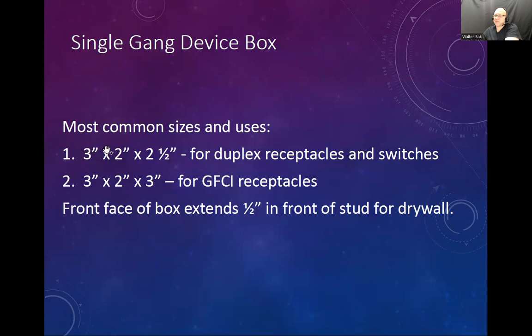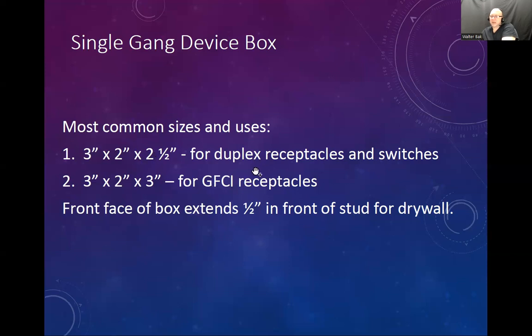Single gang device box, most common sizes: 3 by 2 by 2.5, 3 by 2 by 3 inches for GFCI receptacles. If you're just a regular duplex receptacle, it's fine. Use that 3 by 2 by 2.5. That's the depth.